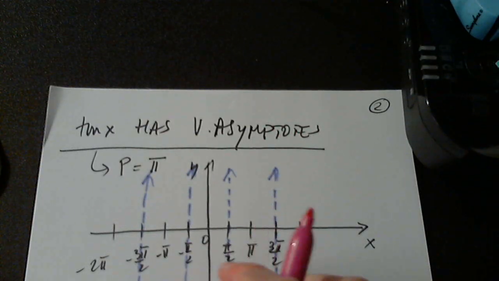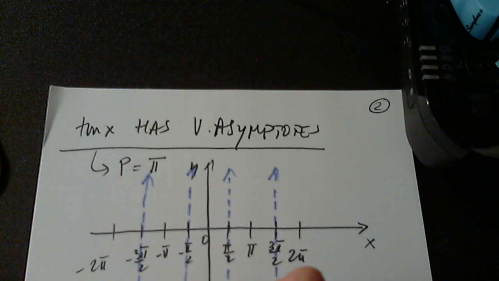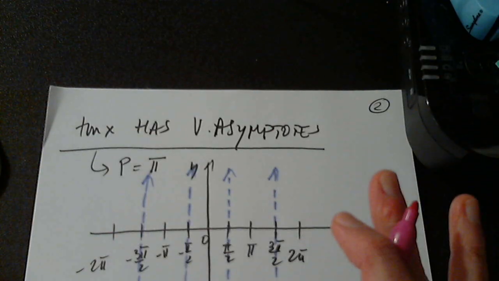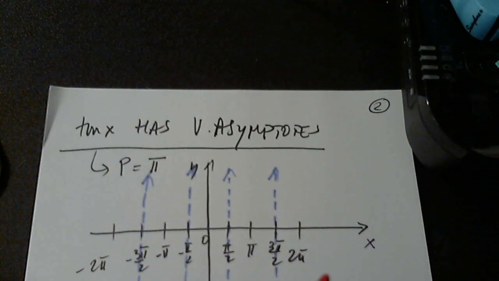So remember, this is the first quadrant, this is the second quadrant, this is the third quadrant, and this is the fourth quadrant. This way, 0 to negative pi over 2. This will be the fourth, because it's 0 to negative pi over 2. Fourth, and then the third, and then the second, and then the first.